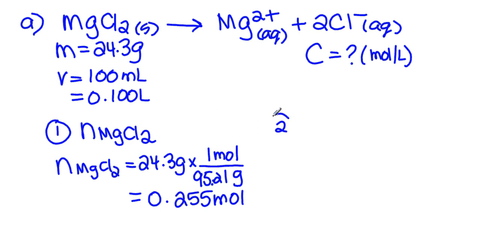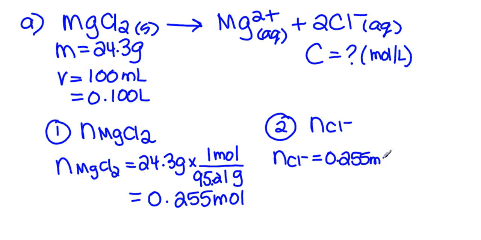If we want to figure out how many moles of chloride ions there are, we can just use our mole ratio, and it sets itself up exactly the same way as we did last unit. So 0.255 moles of magnesium chloride, and we're going to multiply it by the mole ratio. My unknown goes on the top, 2 moles of chloride ions, and then on the bottom goes my 1 mole of magnesium chloride.